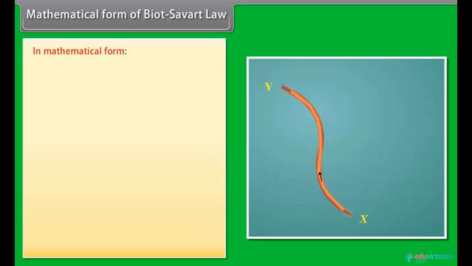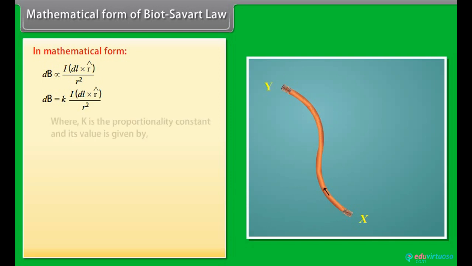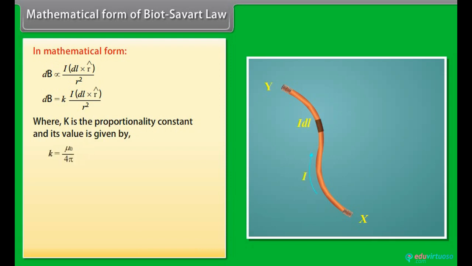In mathematical form, dB is equal to K multiplied by I and cross product of dl and r cap divided by r square, where K is the proportionality constant and its value is given by mu naught upon 4 pi.